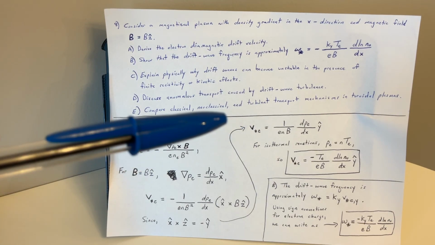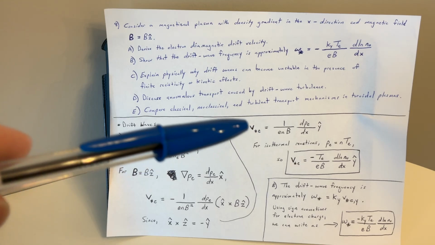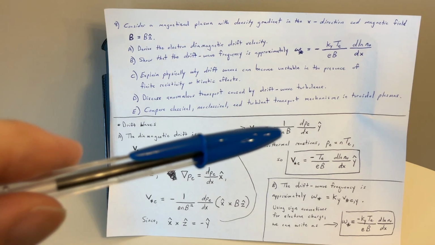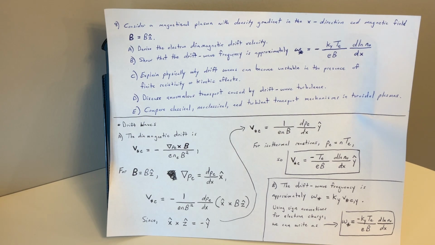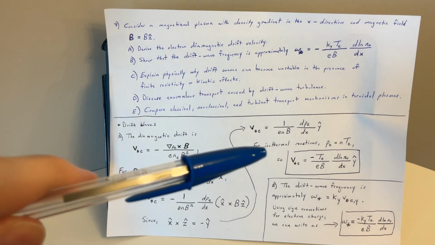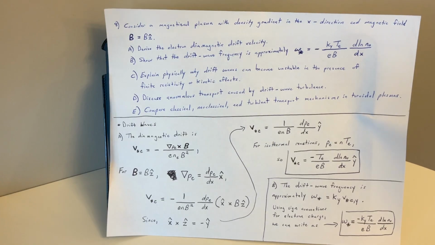v sub star e equals 1 over e n B, dp sub e/dx y hat. For isothermal electrons, p sub e equals n T sub e.